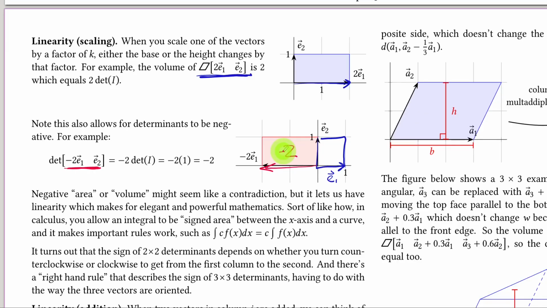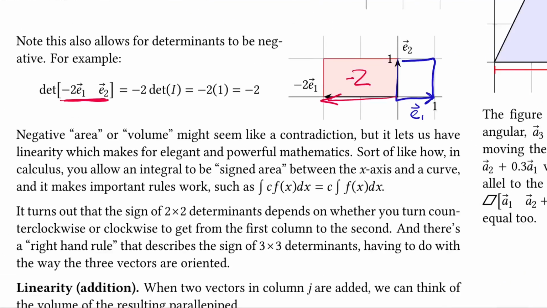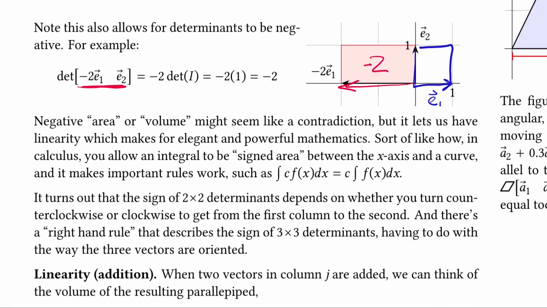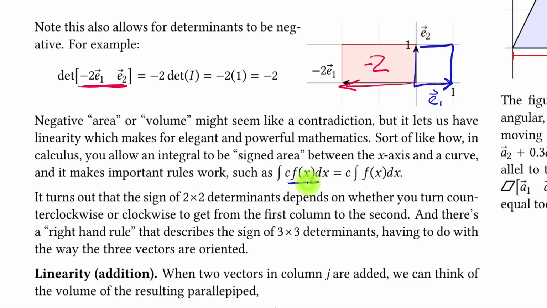Well, having this property allows the concept of determinant to have a linearity property. Like in calculus, when you think of a single-dimensional integral as the area under a curve, but if the curve is below the x-axis, it becomes negative.